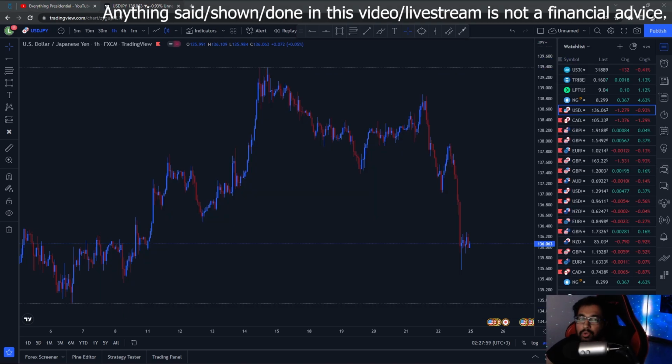So before I show you what order blocks are and where you can find them on chart, let's discuss what order blocks are by definition. Order blocks by definition are areas on the chart where the big institutions, the big banks, the big money, do an accumulation of orders.